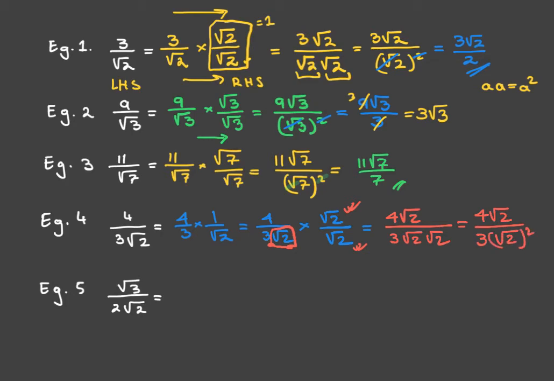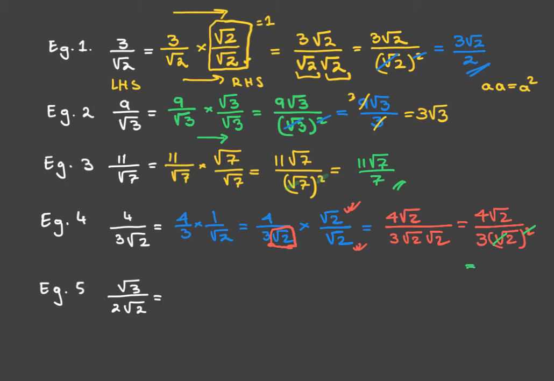Before this, what I could have done is cancel out square root of 2 and square root of 2, but sometimes you just get confused, and we're going to end up at the same thing. So we're not going to do that because we want a simplified version without radicals in the denominator.